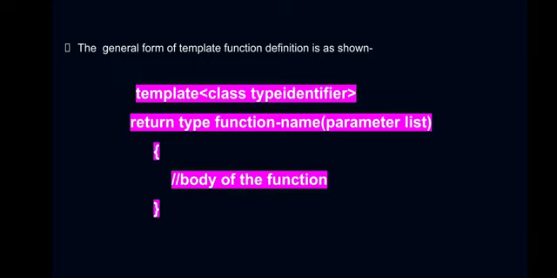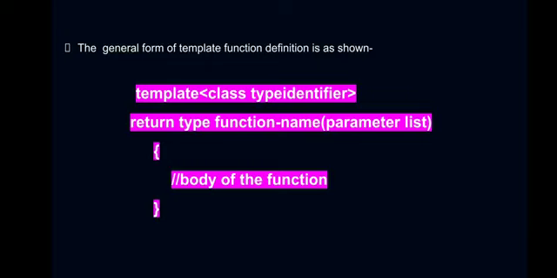Now let us see how to create a function template. To create a function template, we have to use the statement template, open angle brackets, class, type identifier. Here type identifier represents the generic data type. This statement is compulsory before defining a function.